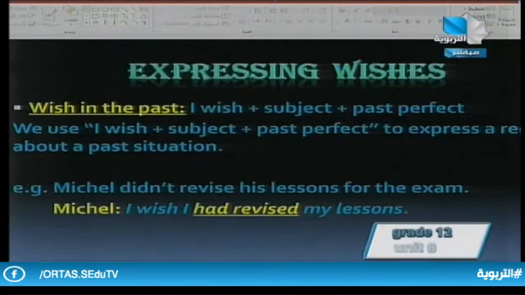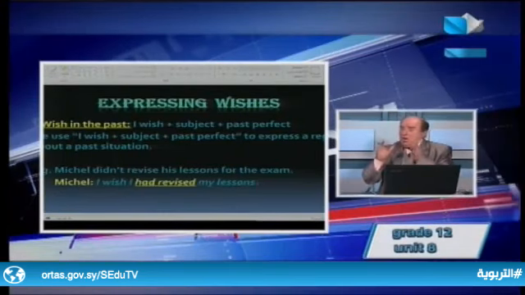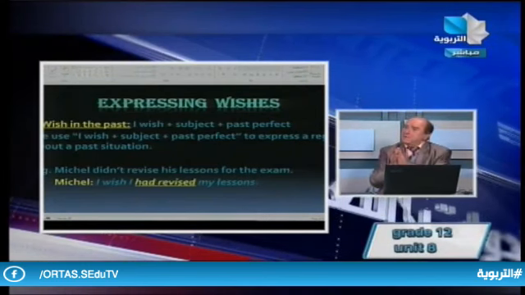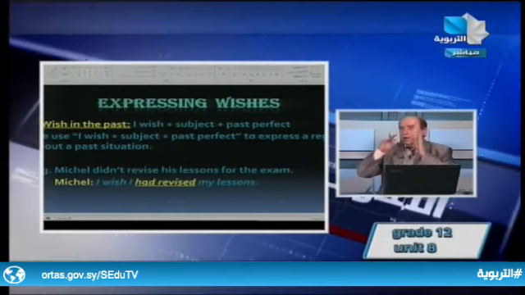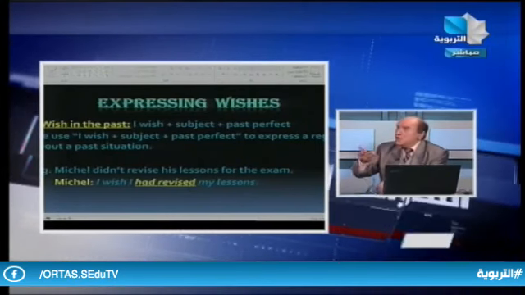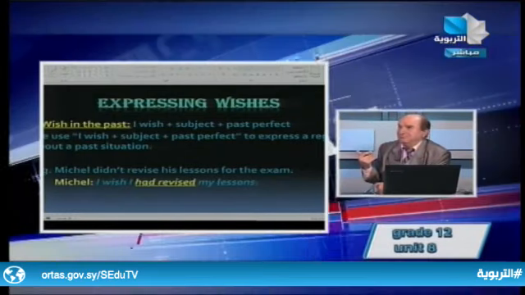Then we use the subject for the other sentence, but the main verb is in the past perfect. Here it means we are talking about the past. So now we can summarize. If we want to have a wish sentence, we go a step back in tense.